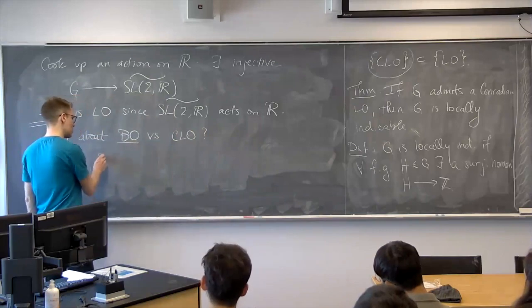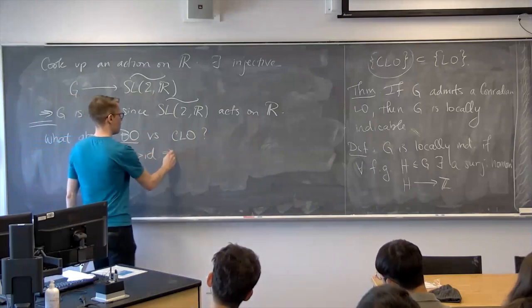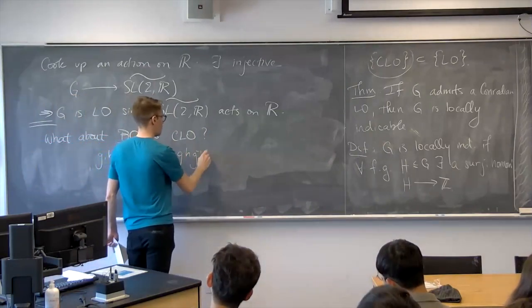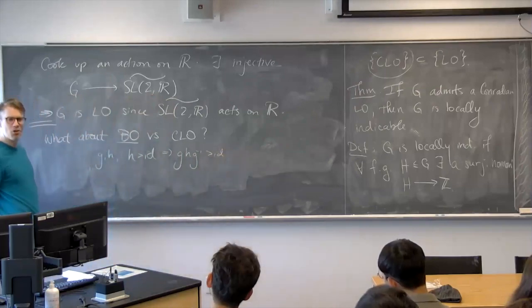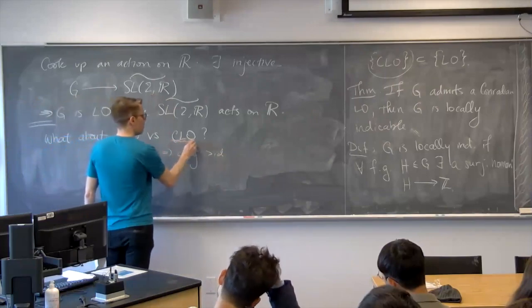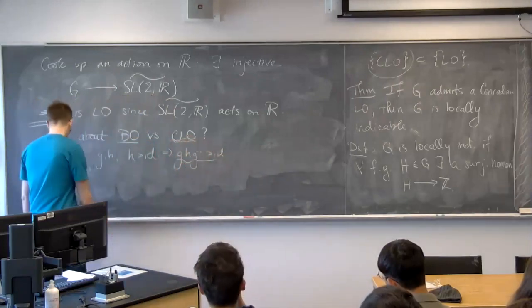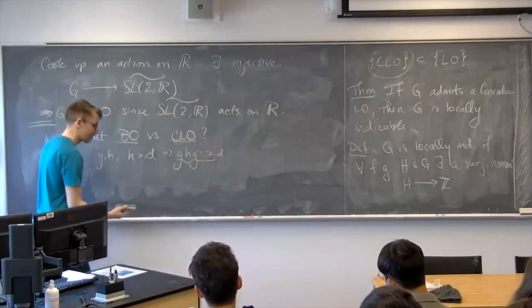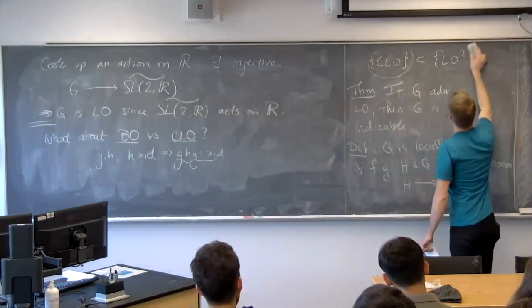Where you take elements in the group, g and h, for instance, and if h is bigger than the identity, then so is g inverse h g bigger than the identity. That's all we have to go on, really. So what I have to do is relate the definition that I gave to a property like this. And it turns out that is possible, but definitely beyond the scope of a 1 hour lecture.